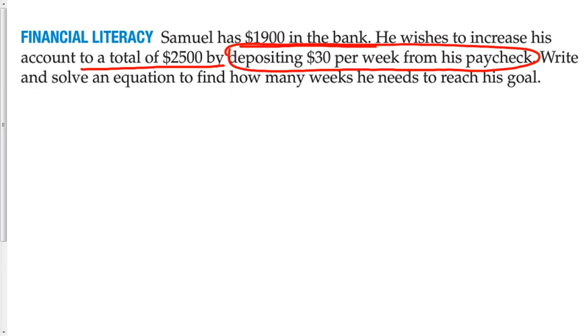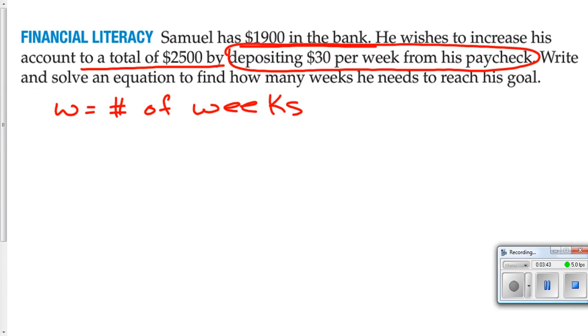Okay? So first we need to define what our variable is going to be. And the only thing that's changing in this problem is the number of weeks. So we're going to define our variable as w, and we're going to say w equals the number of weeks. And I usually write the number as a shorthand of the number sign. So now we're going to write down what we have.